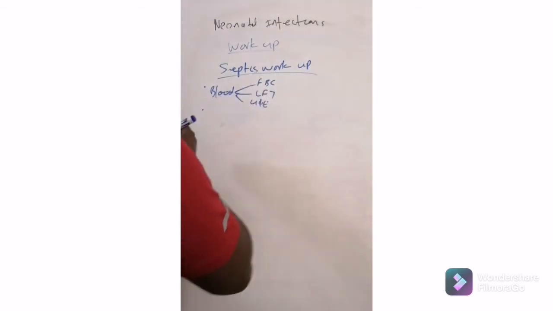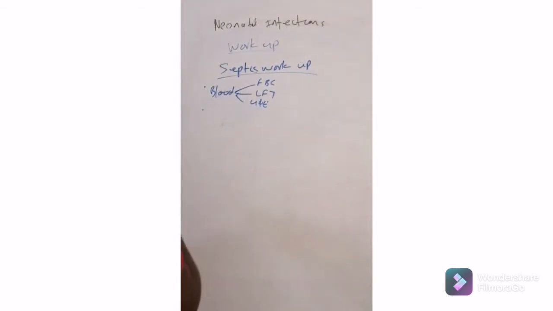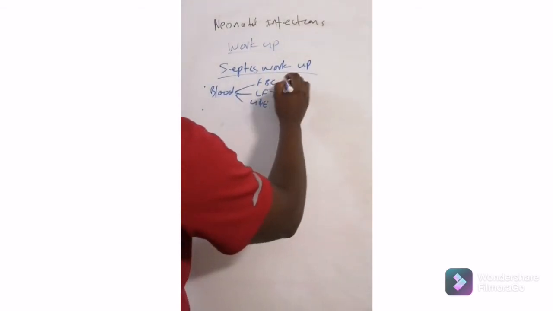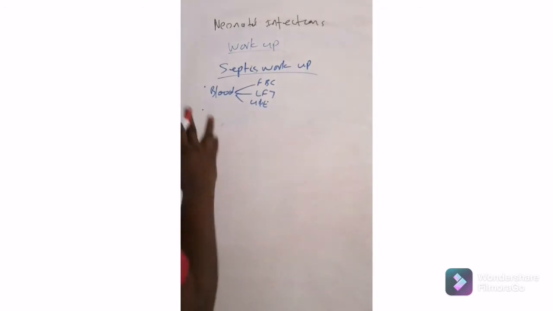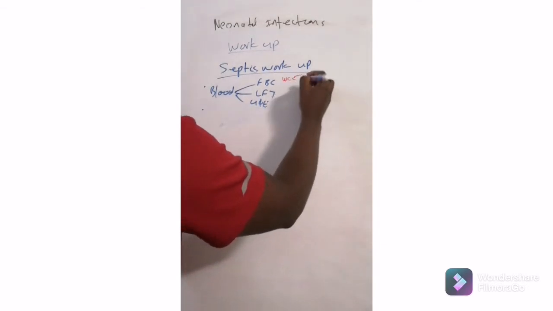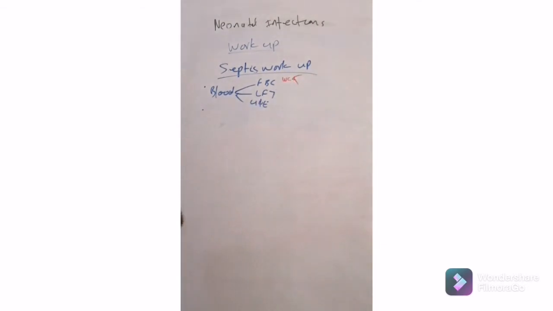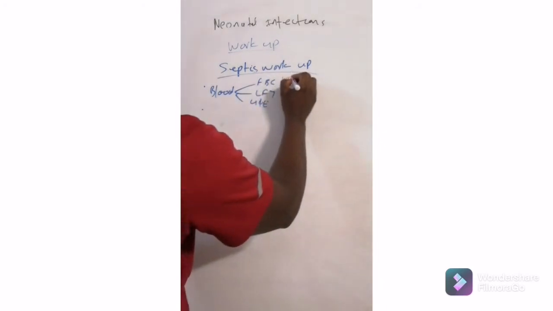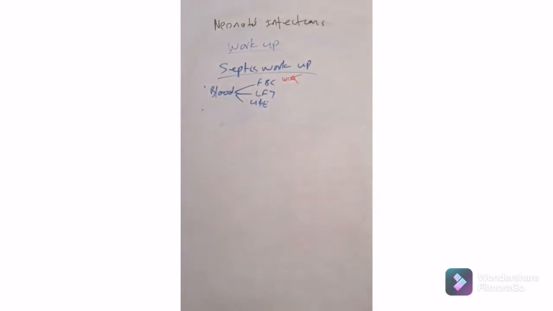Obviously, what you wanna check is, you're gonna look at the entire FBC, but you want to check the white cell count there. Remember, leukocytosis and leukopenia show infection. They're a sign of infection. So when you see leukopenia, never say the child doesn't have infection, right?